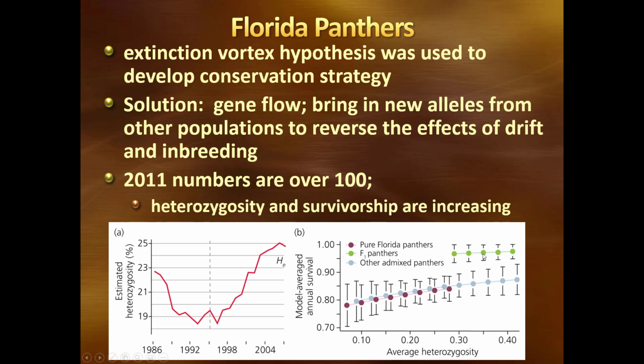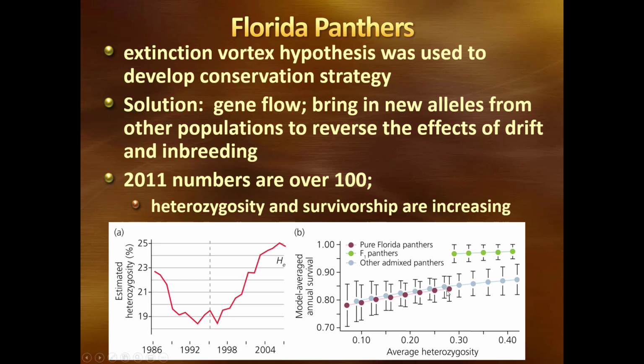Those are our F1 panthers. What they did there is they took Florida panthers and brought in panthers from other populations, and they had offspring. That first generation of offspring of those hybrids are these F1 panthers.